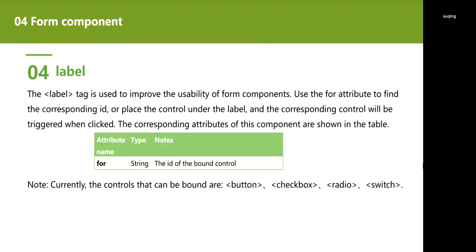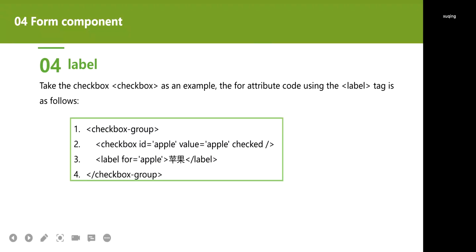Okay, it is hidden here. Switch. Here we have a little example. Take the checkbox as an example. The for attribute code using the label tag is as shown here. If you want, you can try this example.